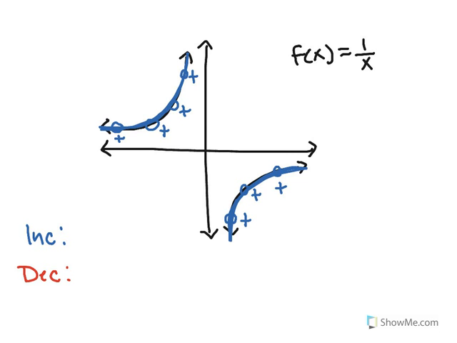But I do have an asymptote at x equals 0, so I can include that in my intervals. This is increasing from negative infinity all the way up to 0, non-inclusive, and then from 0 to positive infinity. So that's how we're going to work those kinds of problems out.